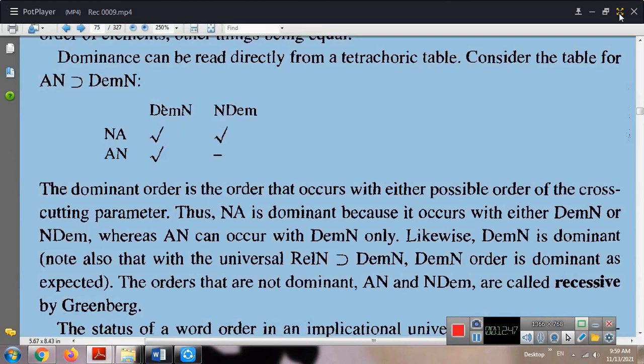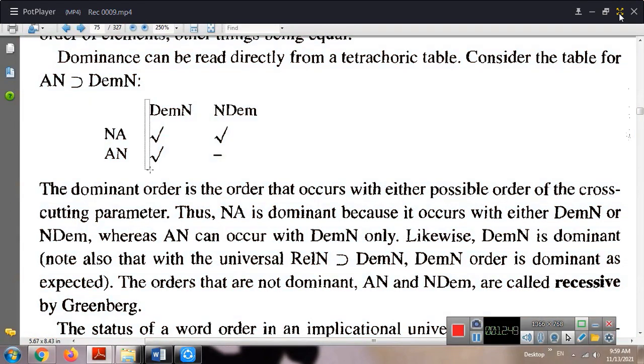And when we consider the table based on these two features, demonstrative noun is dominant because it comes with noun adjective and adjective noun. And non-demonstrative is recessive because it just comes with the noun adjective.